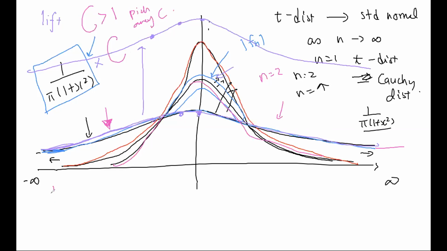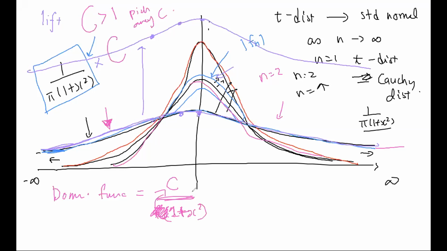So basically, your dominating function is equal to c of this. In fact, you don't need to write the pi because that will go together with the c already. Just to make it simple, your dominating function is c, a constant multiplier, of 1 plus x squared.